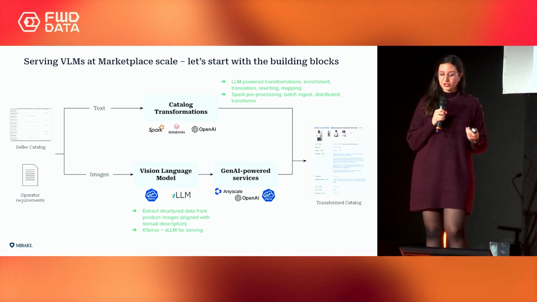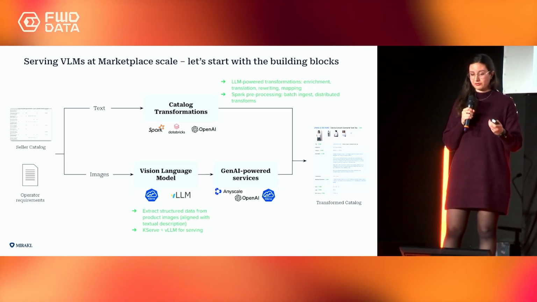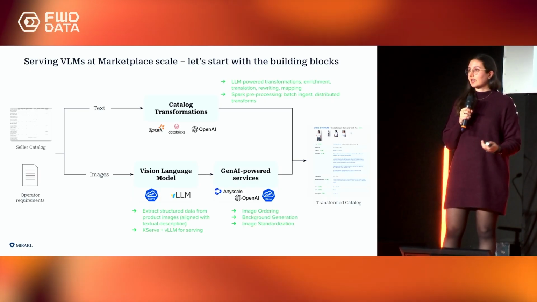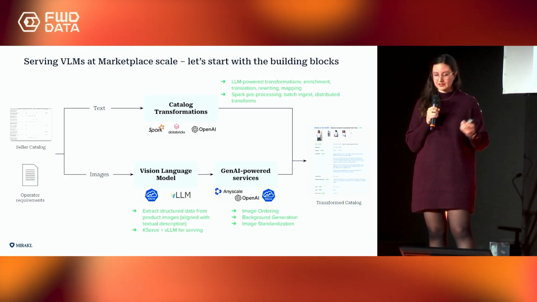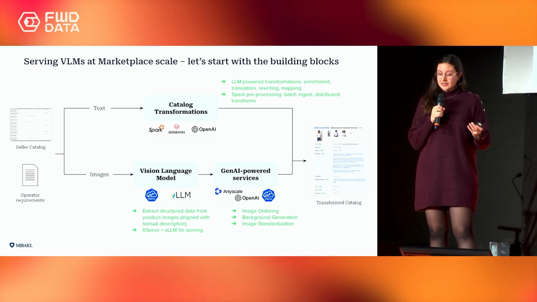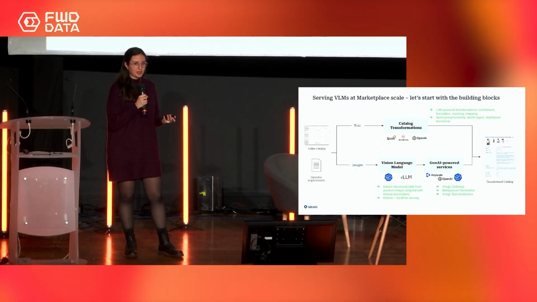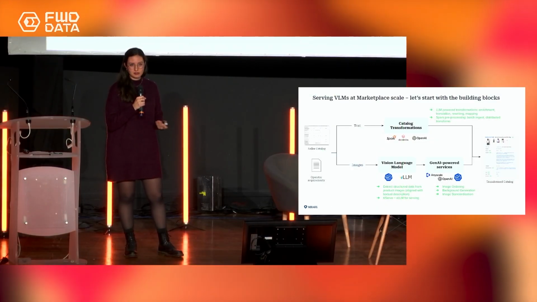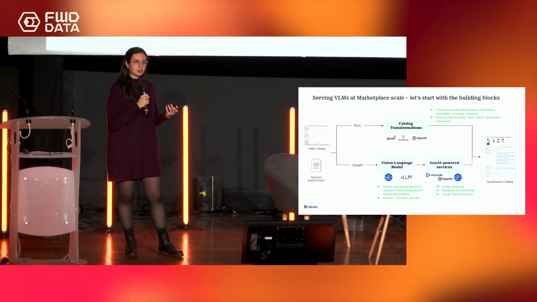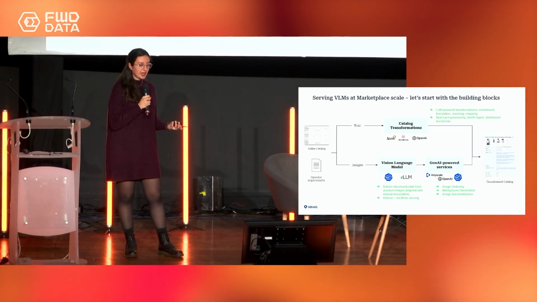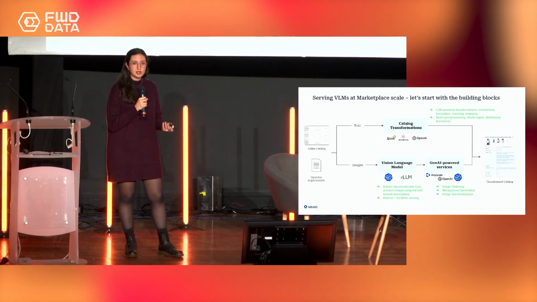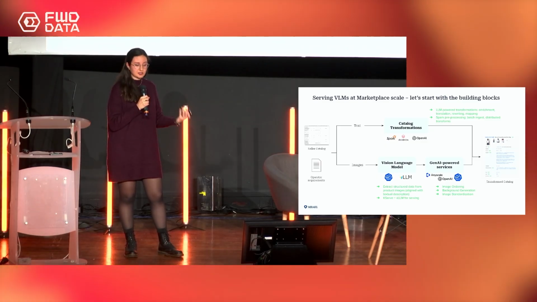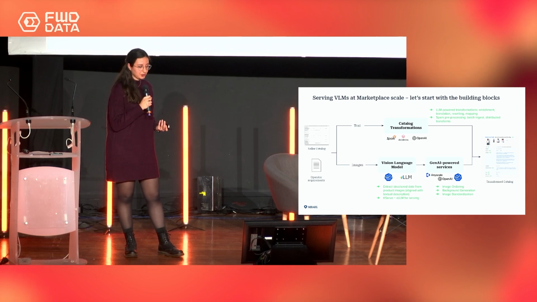Once we extract the structured data from the images, then we can send this data to downstream GenAI services using the use cases we've seen before, image ordering, etc. This can be any number of AI providers. For us, it could be a third party with OpenAI, for example, but it could also be AI infra providers such as Anyscale, so we host our models there, or we can host it on our own infra since we already have KServe deployed.